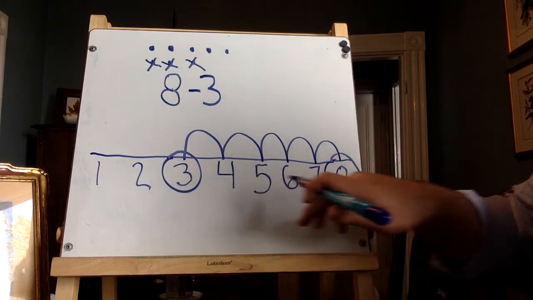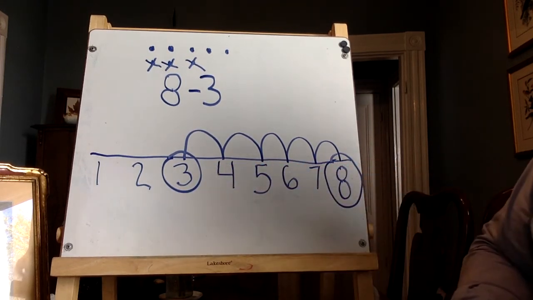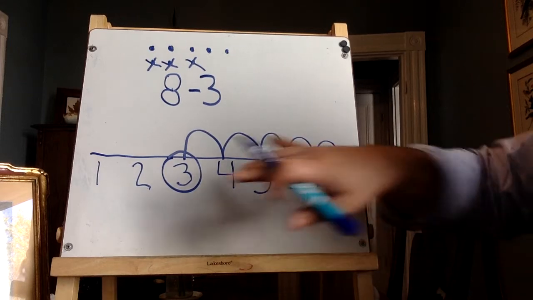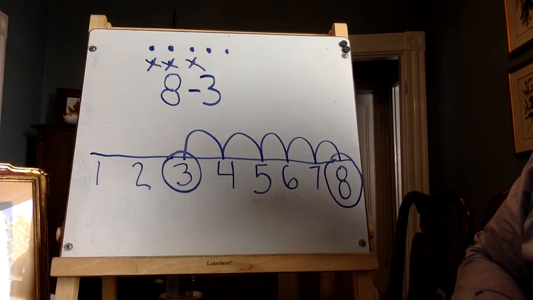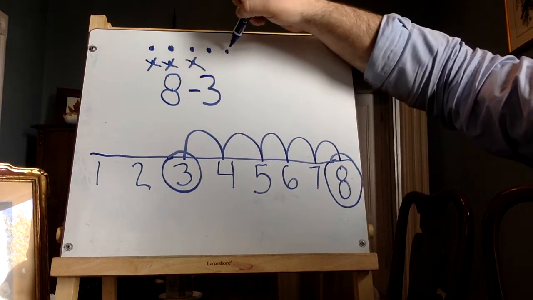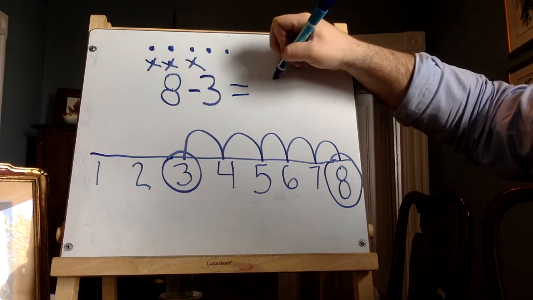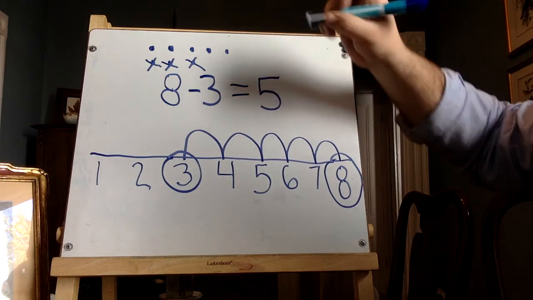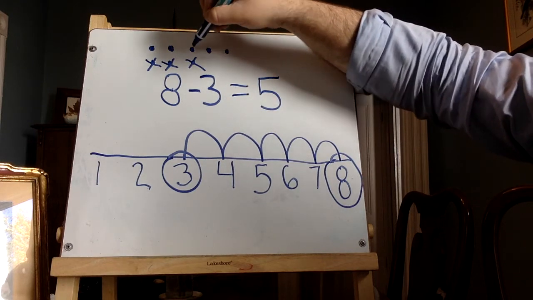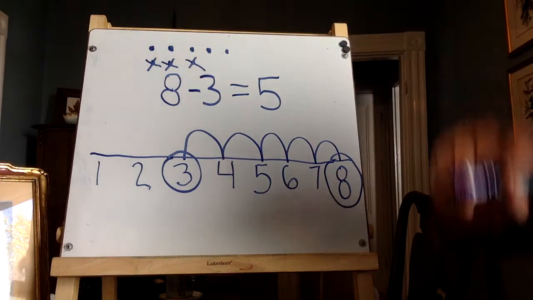There are 5 numerals if we go from 8 down to 3. So the difference between 8 and 3 is 5. 1, 2, 3, 4, 5.